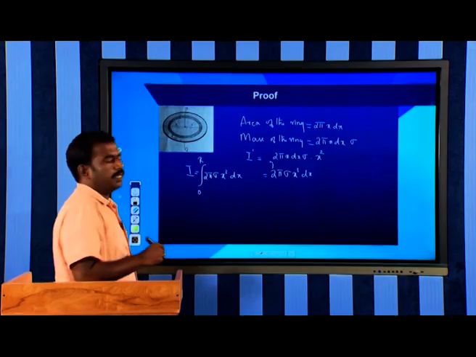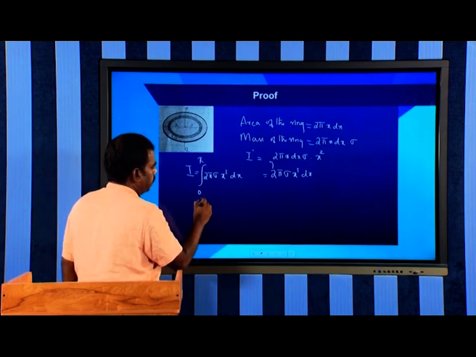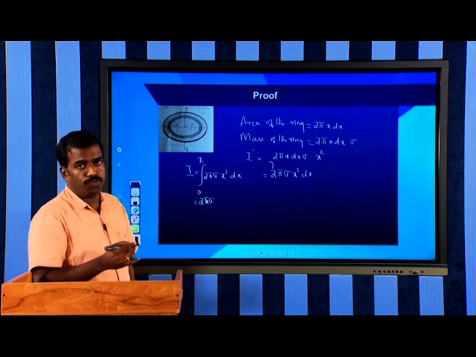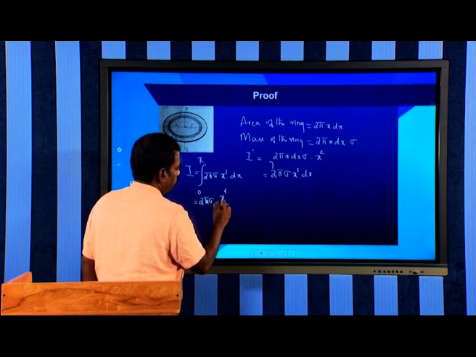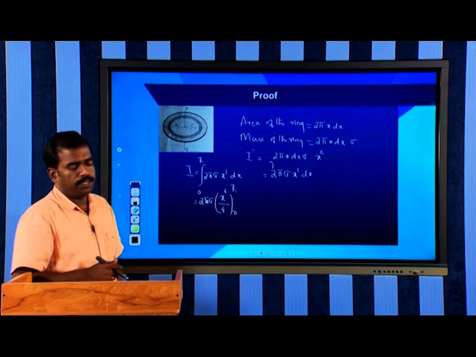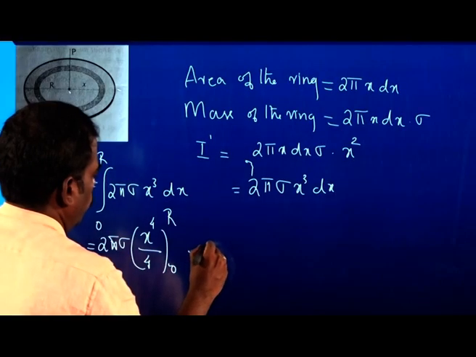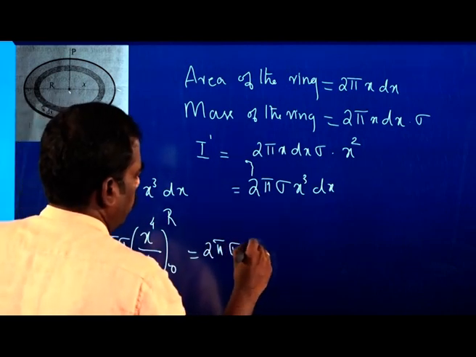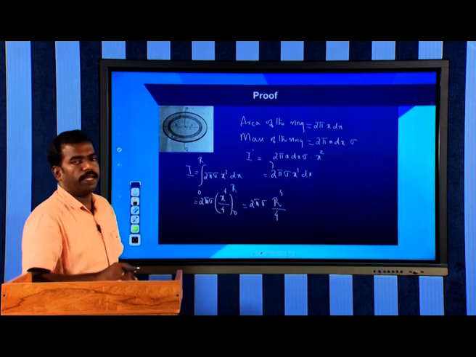So 2 pi sigma you can take outside, 2 pi sigma integral x cube, it is x raised to 4 by 4 within limit 0 to R. Apply the limits, you will get 2 pi sigma R raised to 4 by 4.